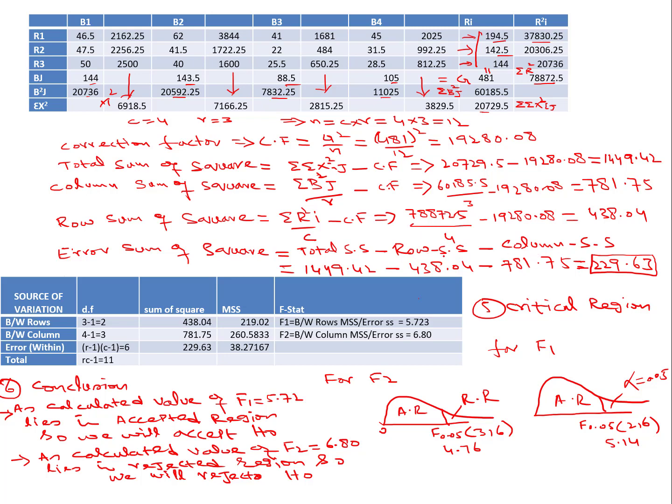So total sum of square minus row sum of square minus column sum of square. Total sum of square is 1449.42 minus row sum of square, which is 438.04, and column sum of square, which is 781.75. So basically this is our error sum of square. This is also called within sum of square.